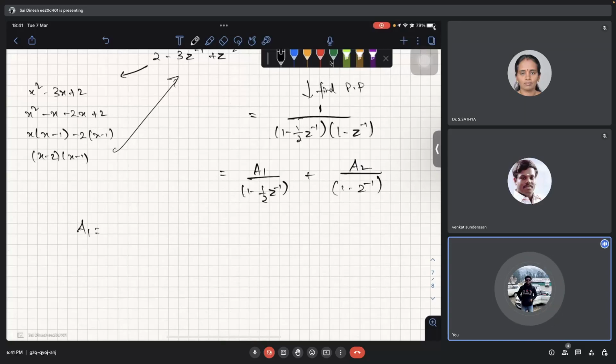So a1 will be 1 minus half z inverse into X(z), at z equal to 1 by 2, right? So what will this be? 1 by 1 minus 2, which is equal to minus 1.